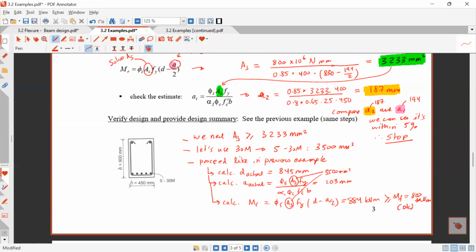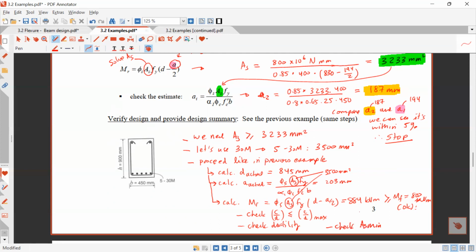So that's okay. Then you would check CD smaller or equal to CD max. You would check ductility. And then what else? You would also check AS min.